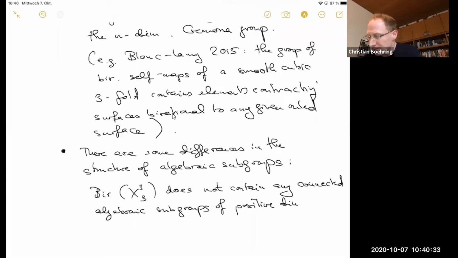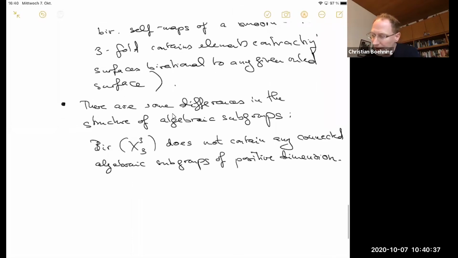The simple reason is that if this was the case, it would contain either some copy of G_m, the multiplicative group, or the additive group G_a, and you can get a contradiction from that.